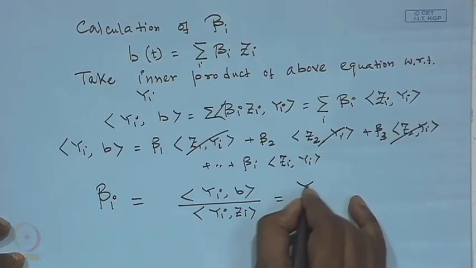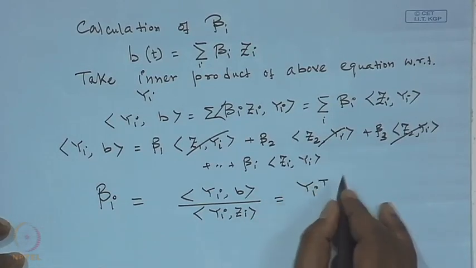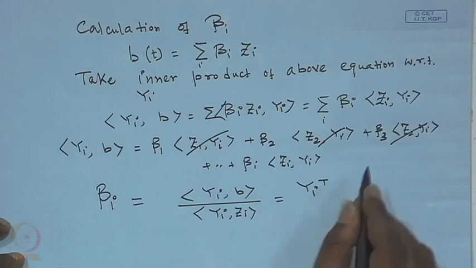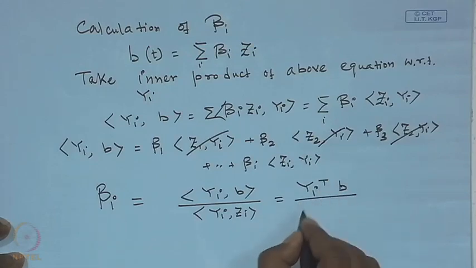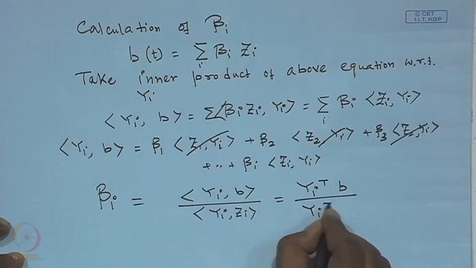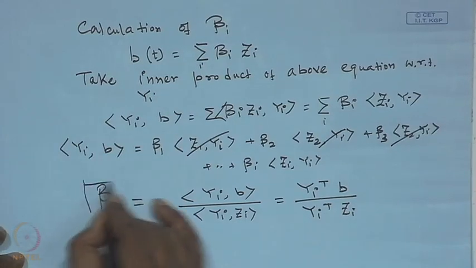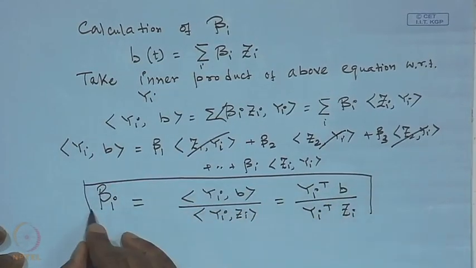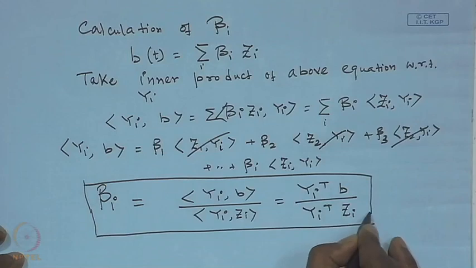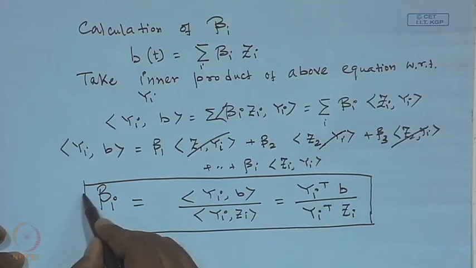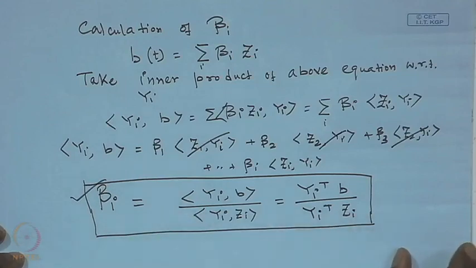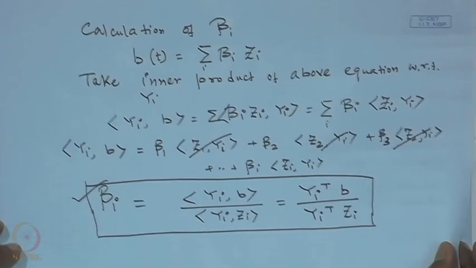So, this is the multiplication of y_i transpose and the vector b, divided by the multiplication of y_i transpose and the vector z_i. That is how the coefficients beta_i can be evaluated. Once you obtain the expressions of beta_i and c_i0, you can construct the complete solution.